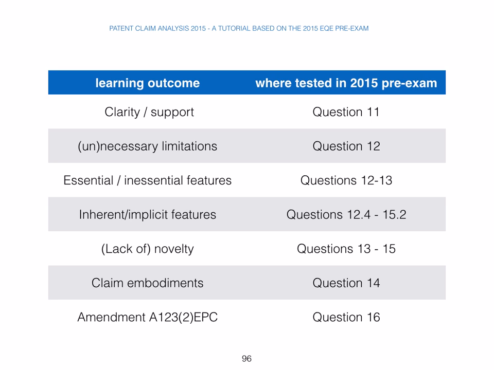Novelty or lack of novelty is dealt with in questions 13 to 15. Remember that demonstrating lack of novelty or demonstrating novelty are asymmetric operations. To demonstrate lack of novelty, you have to show that each and every feature is there. To demonstrate novelty, you just have to point out the differentiating feature. Claim embodiments were discussed in question 14.